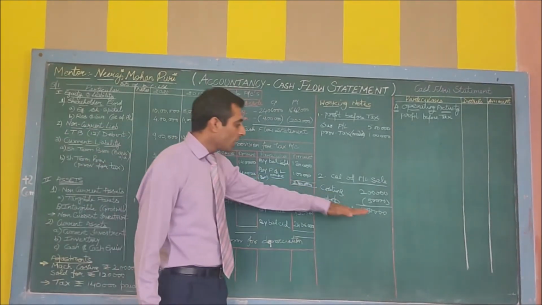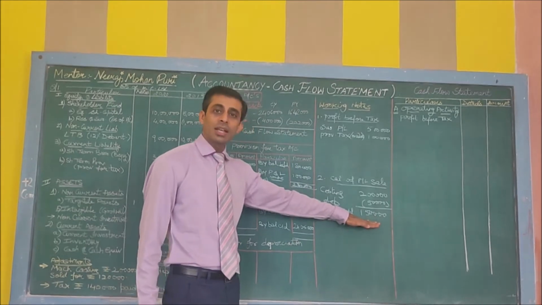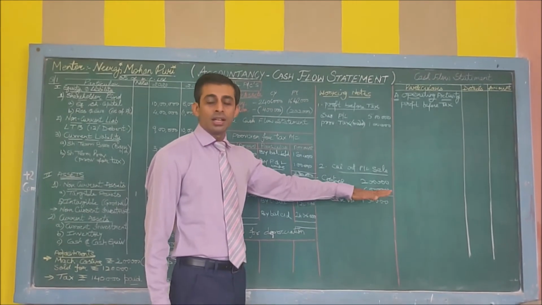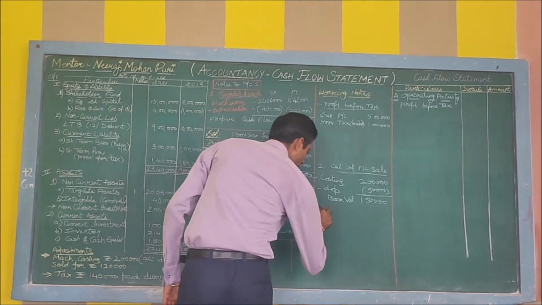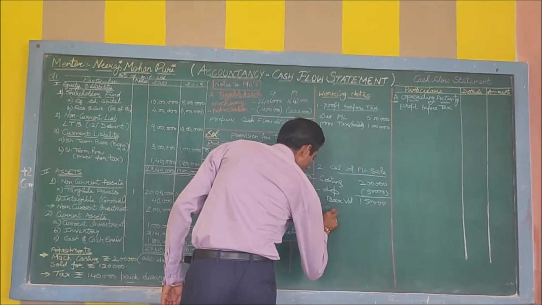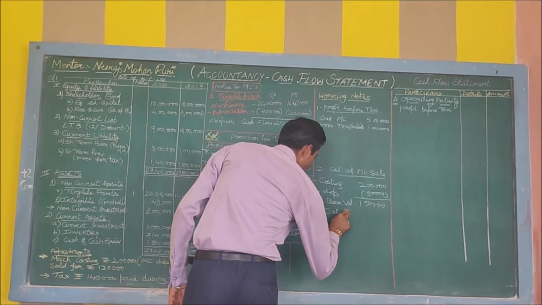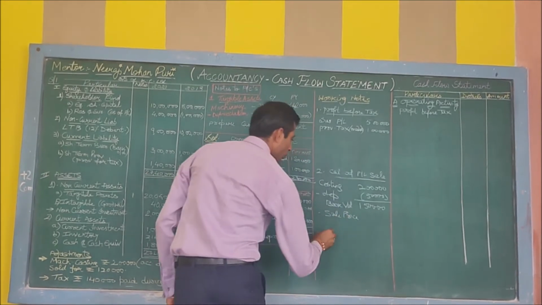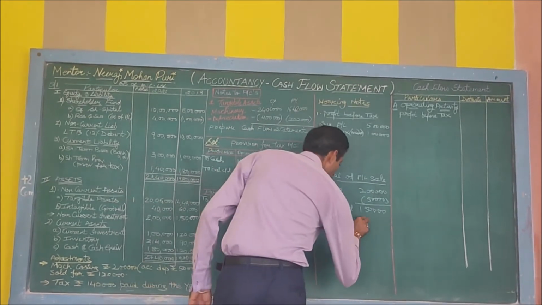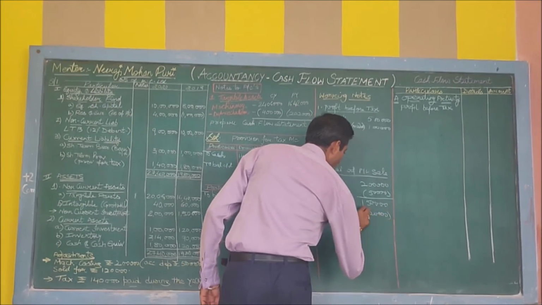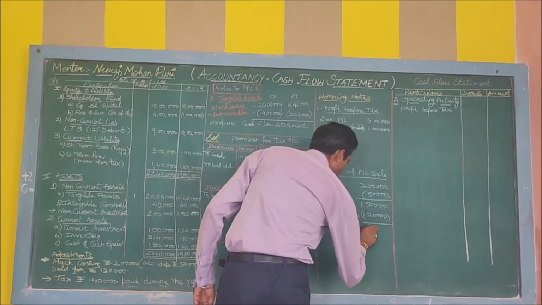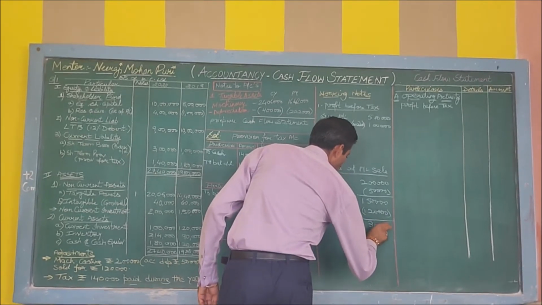If your sale price is more than the book value, the difference will be a profit. If the sale price is less than the book value, we will have a loss. So we have to compare it with our sale price. The sale price is less. Our sale value is just 1,20,000. The difference is a loss of 30,000.